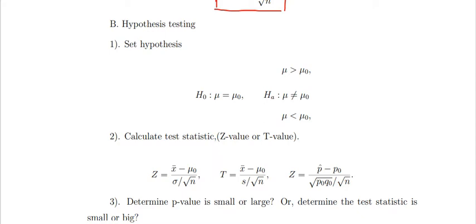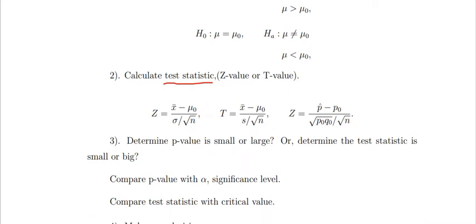And more specifically, if we use the z value or z table, we have a one-tail z test, and we have a one-tail or two-tail t-test, right? So we find this test statistic. Then we determine whether this number is big or small.